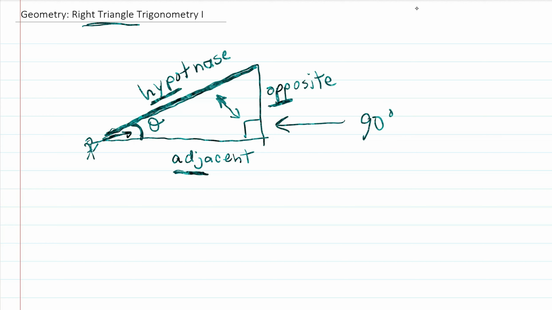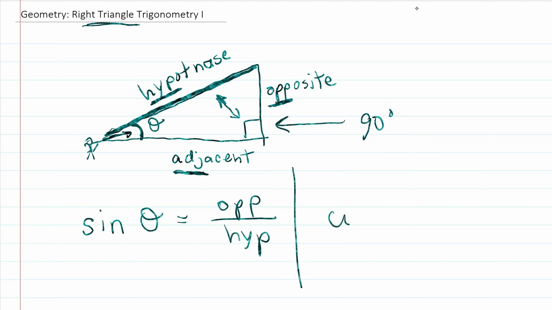So we have theta, and looking through theta, we have opposite, adjacent, and hypotenuse. From those, we create the first three basic trig functions. The sine of theta is the opposite over the hypotenuse.